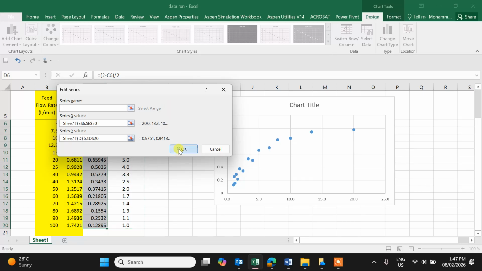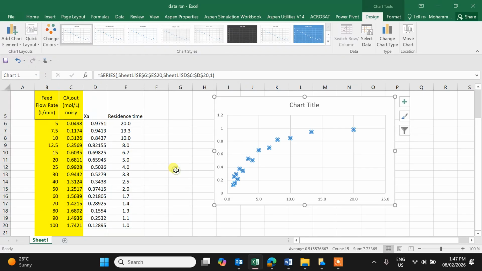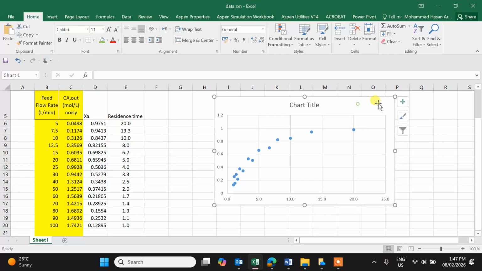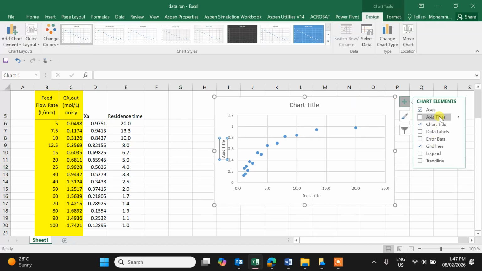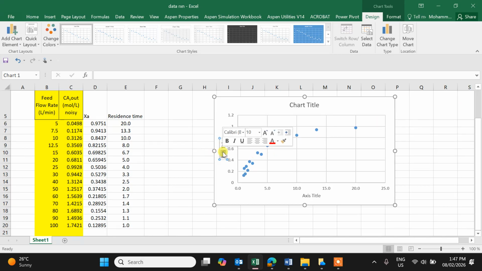So now we can see on the y-axis we have conversion, and on the x-axis we have residence time.